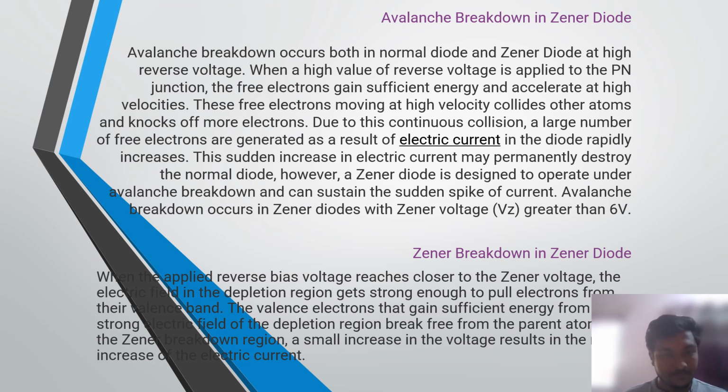When the applied reverse bias voltage reaches close to the zener voltage, the electric field in the depletion region gets strong enough to pull electrons from the valence band. The valence electrons that gain sufficient energy from the stronger field of the depletion region break free from the parent atom. In the zener region, a small increase in voltage results in an increase in the electric current.